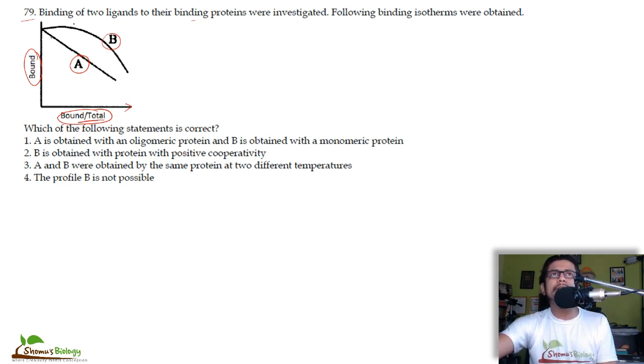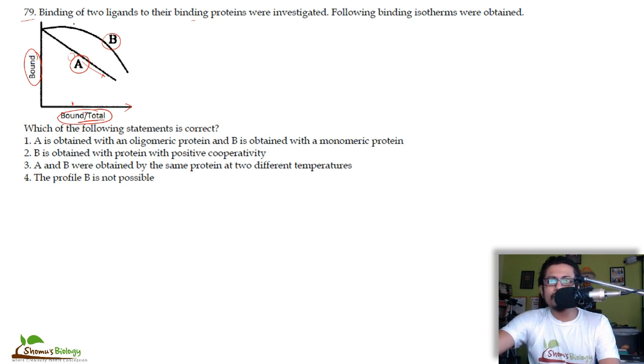Okay, now if you look very carefully at A, you can clearly see the bound by total concentration, the bound by total amount. So as we are going, the percentage of the bound is increasing, so the total amount of bound proteins is slowly decreasing for the protein A, right?